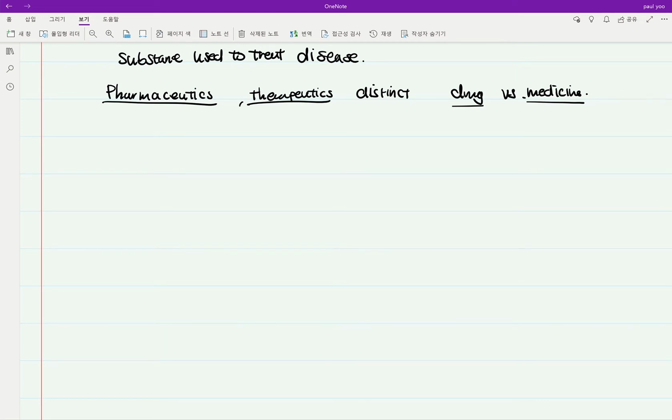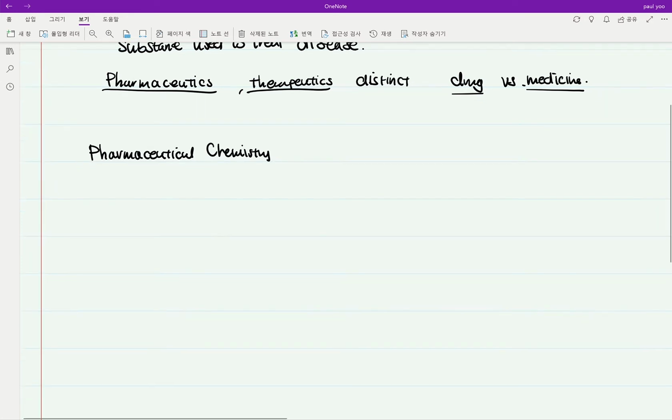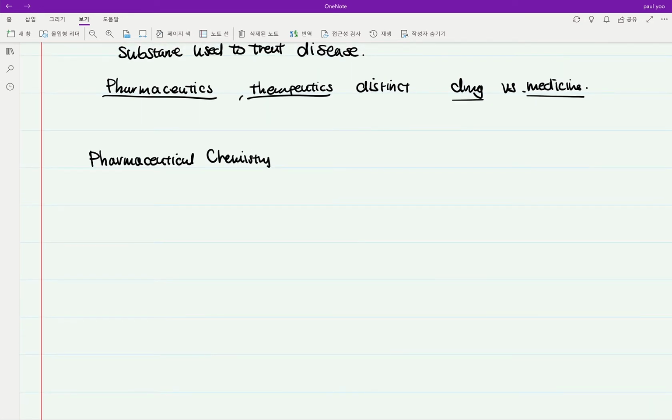So pharmaceutical chemistry is also called medical chemistry or medicinal chemistry.